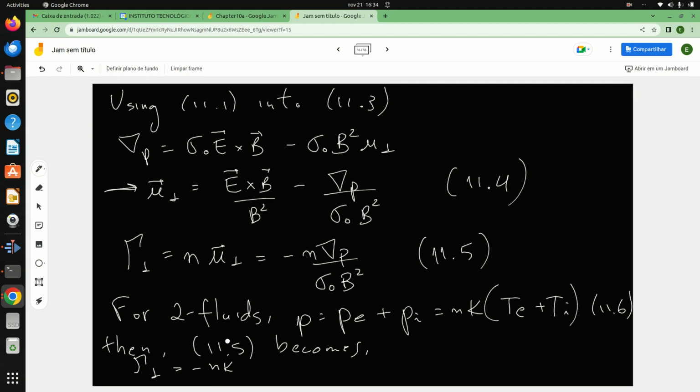I'll use a state equation for the gradient of pressure here, (Te plus Ti) gradient of n over sigma B square, which is also written like this. So all I have done is to use 11.6 into 11.5 here, and then we end up with this.